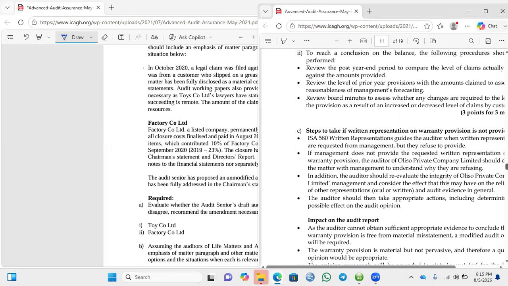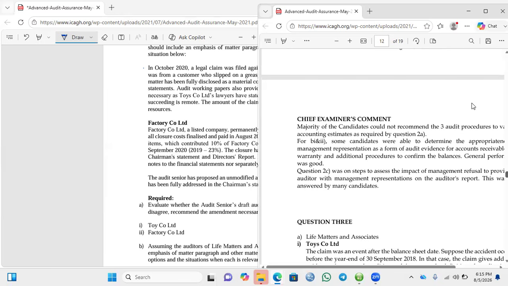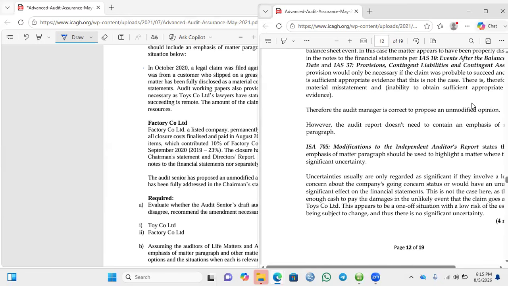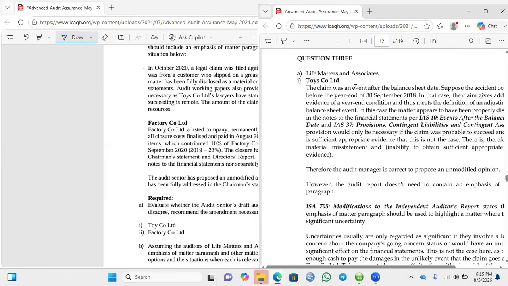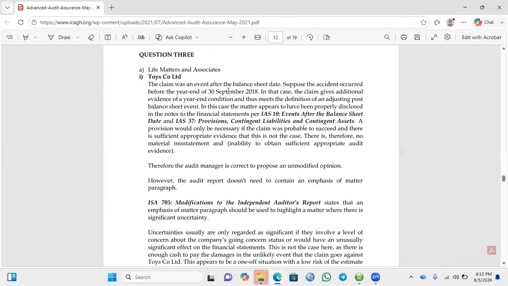Okay, so question 3. It says that the claim was an event after the balance sheet date. Suppose the accident occurred before the year end, 30th September 2018.